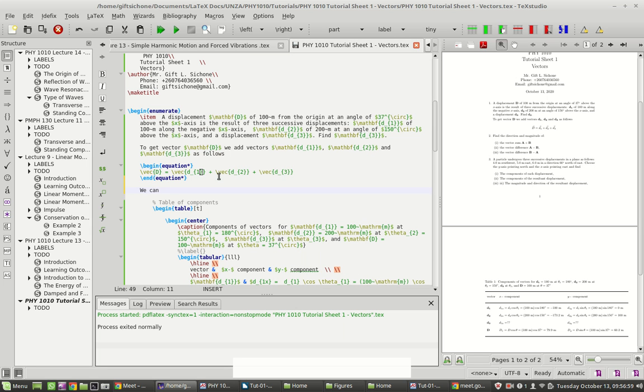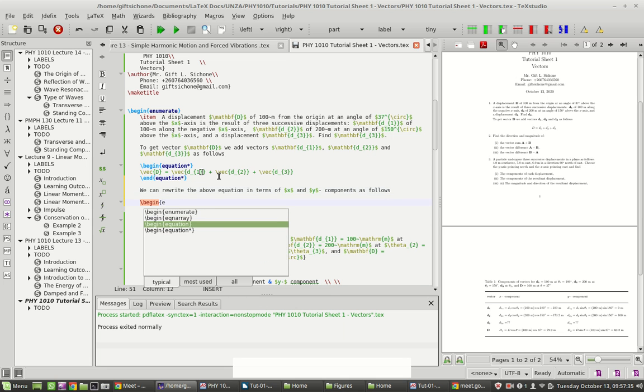We can rewrite the above equation in terms of x and y components as follows.